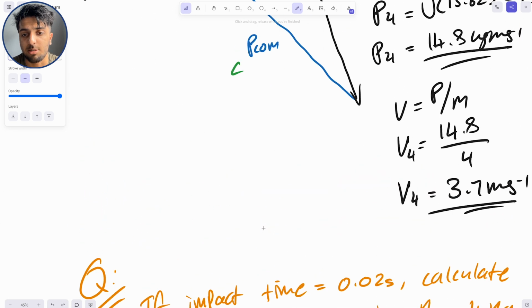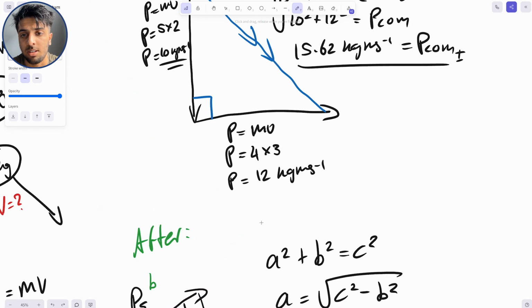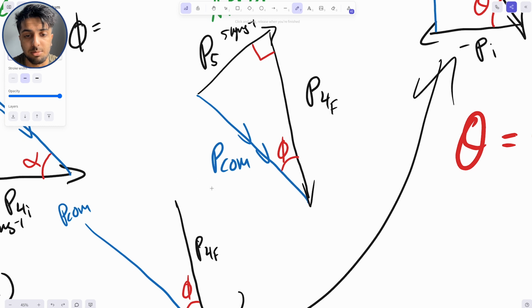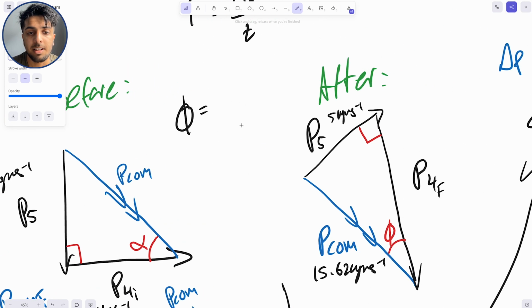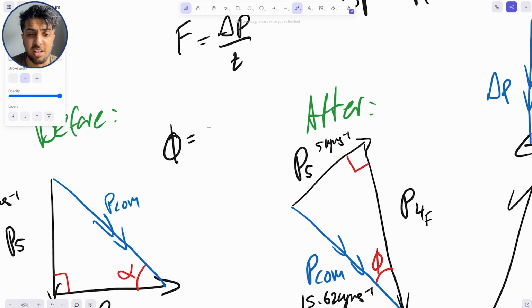And so the momentum of our center of mass was 15.62. And so phi is equal to, that's our opposite, we have our hypotenuse, so that's the inverse sine of 5 over 15.62.